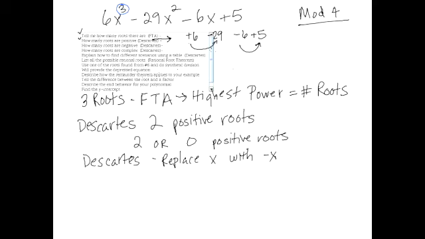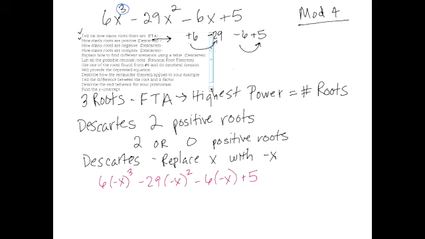So in other words, if I were to go in here and make it 6 times negative x to the third power, and then this would be minus 29 times negative x squared, and then this would be minus 6 times negative x plus 5, okay? So just notice all I've done is replaced all the x's with negative x. That's all I've done. And then I'm going to simplify this.